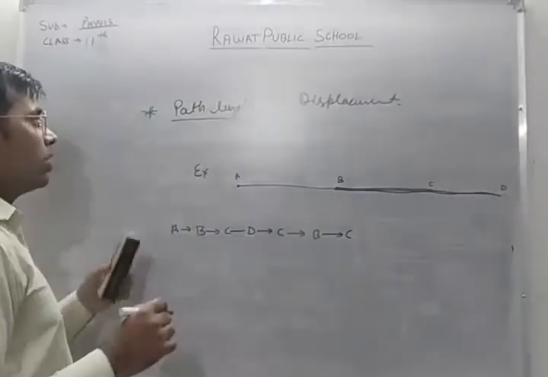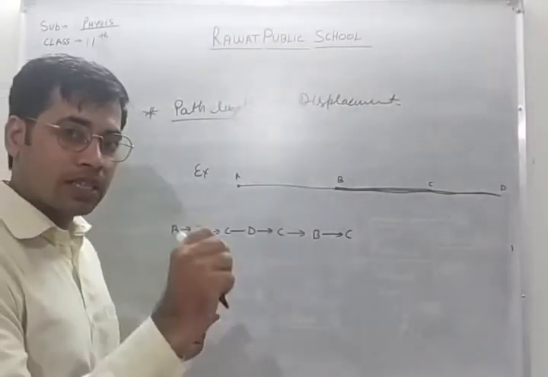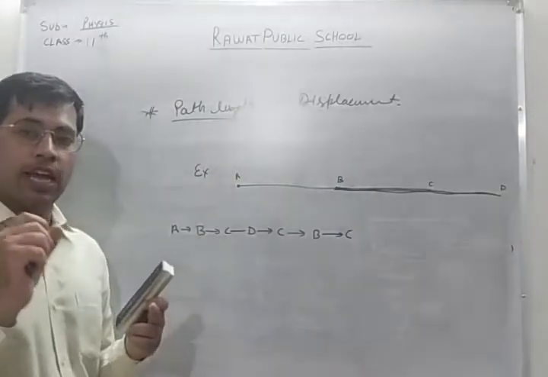Path length is the actual path traversed by the object in a given time interval.